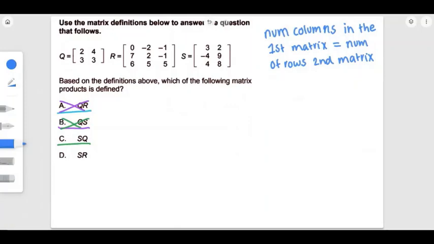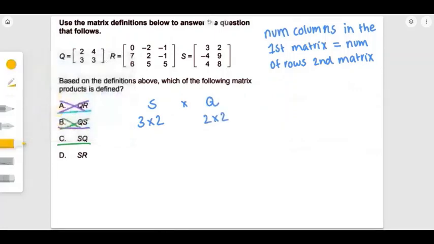Choice C says that S and Q are defined. Let's find out. Now S, as we said in choice B, will give us a product of a 3 by 2 matrix, while Q gives us a product of a 2 by 2 matrix.